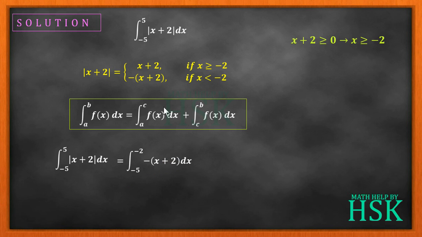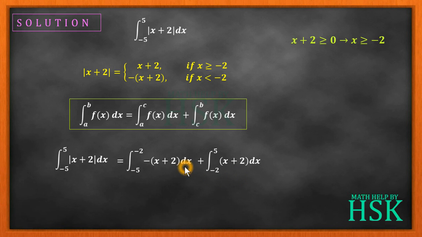We have to integrate from -5, so we take the lower limit as -5 and the upper limit as -2, and further we add the integral of x plus 2 from the limit -2 to 5.